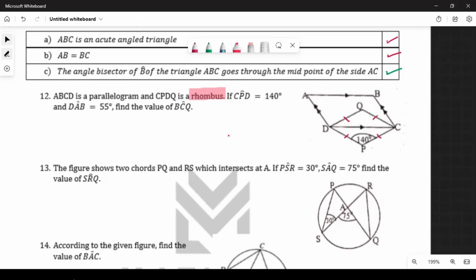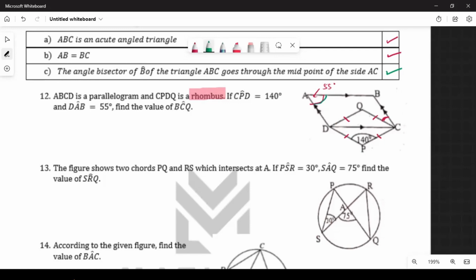Now they're saying CPD angle is 140 and DAB angle is equal to 55 degrees. Find the value of BCQ. BCQ means this angle. They want us to find the value of this BCQ angle. Now we know that in a parallelogram, opposite angles are equal.